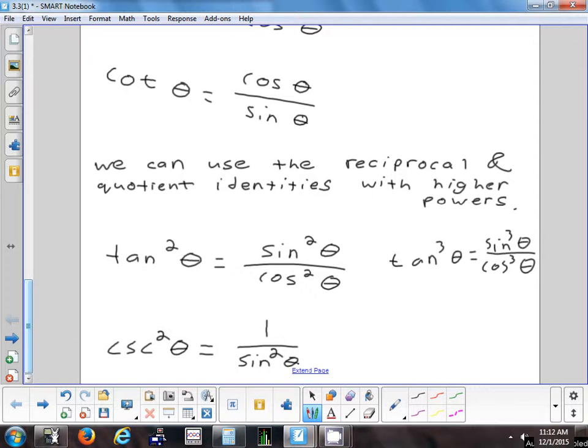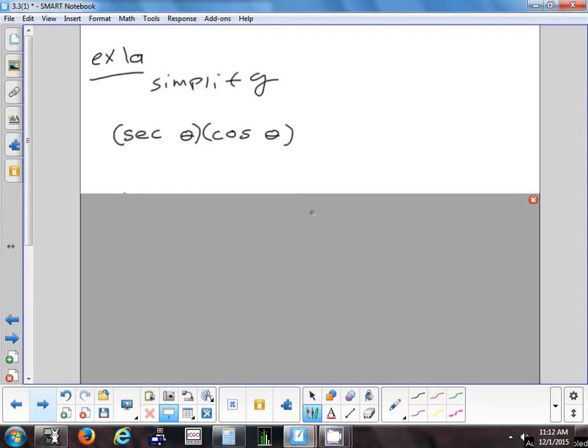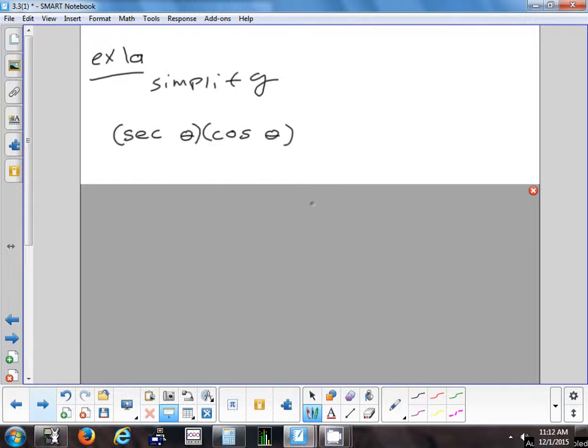All right, so what we'll do is we'll look at some examples, and then I'll show you 3 basic techniques for taking something that looks complicated and making it look simpler. All right, so the first thing we're going to look at is secant times cosine. Okay, somehow this is going to simplify.